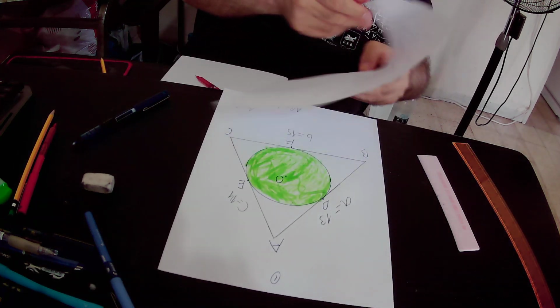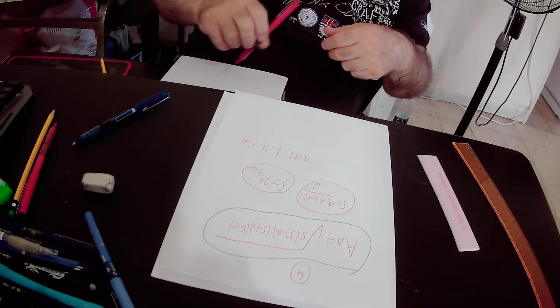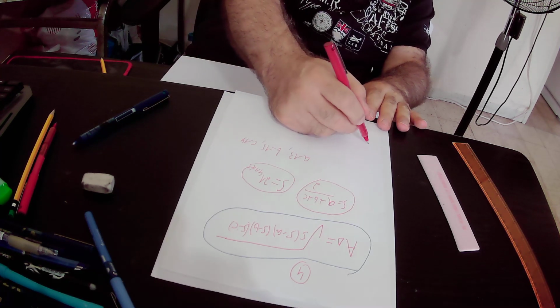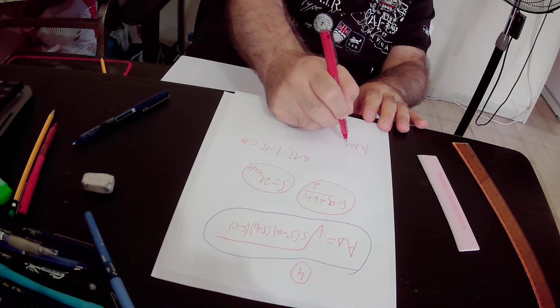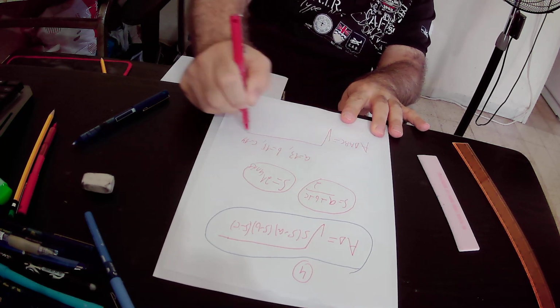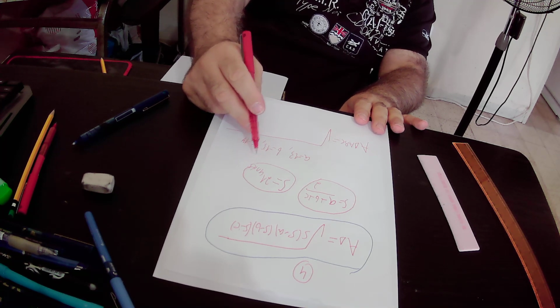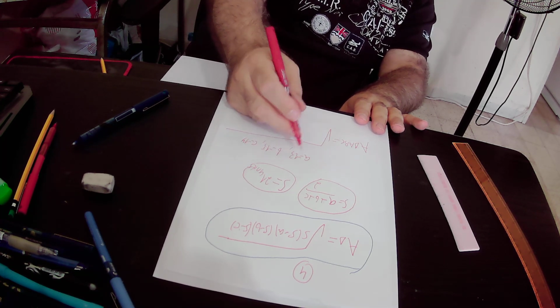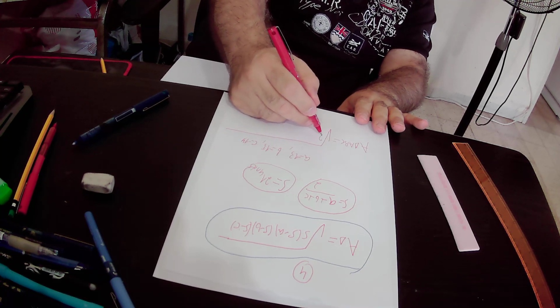Okay, so the area of our triangle ABC will be equal to the root of S times S minus A times S minus B times S minus C, where S is 21 units. We found out that S, the semi-perimeter of our triangle, is 21 units.